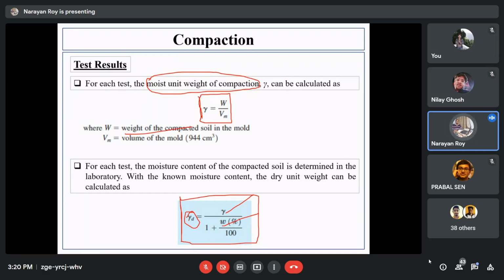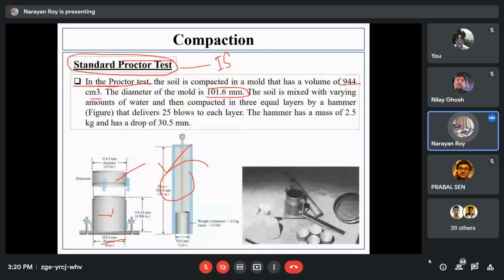Now, once you get gamma D and the corresponding water content from one test, you have to repeat the test for several other water contents. Initially you added a little amount of water while preparing the soil sample. Now you increase the amount of water that you mix with the soil sample, and again compact the soil sample in 3 different layers with 25 blows each time.